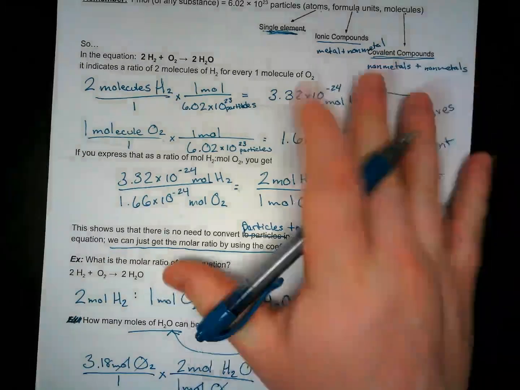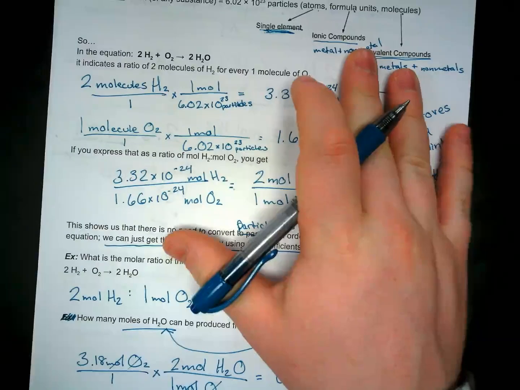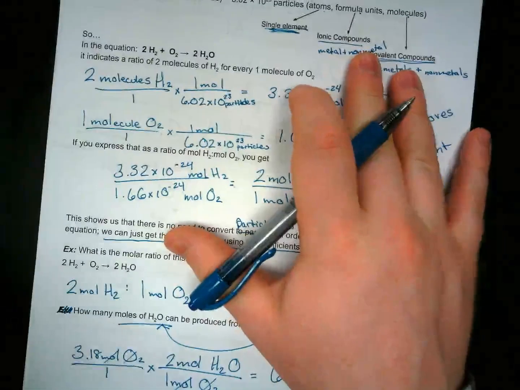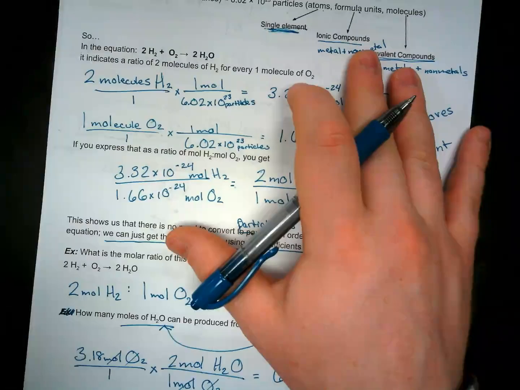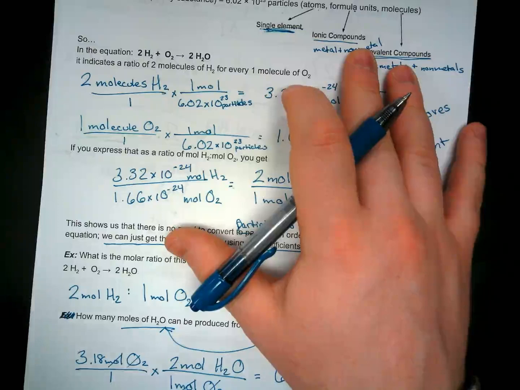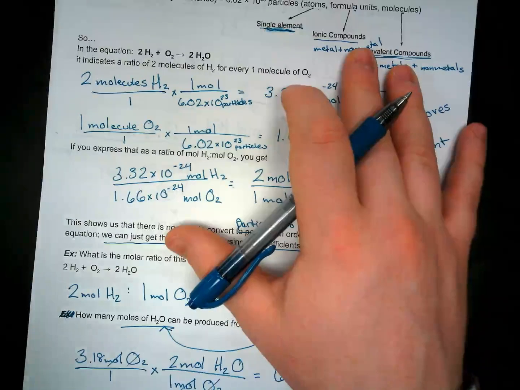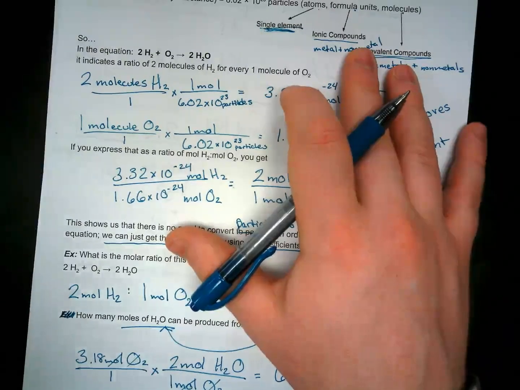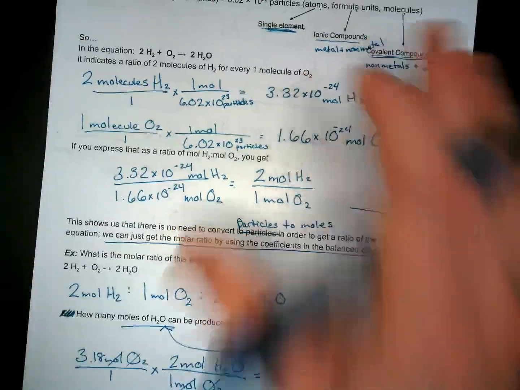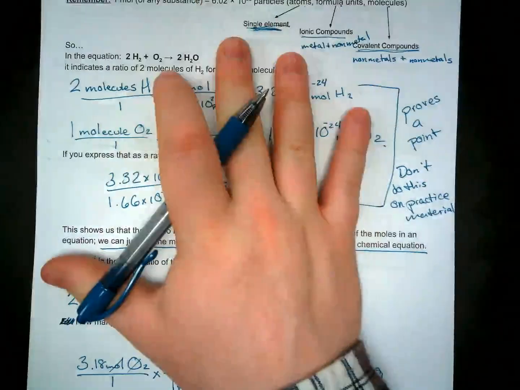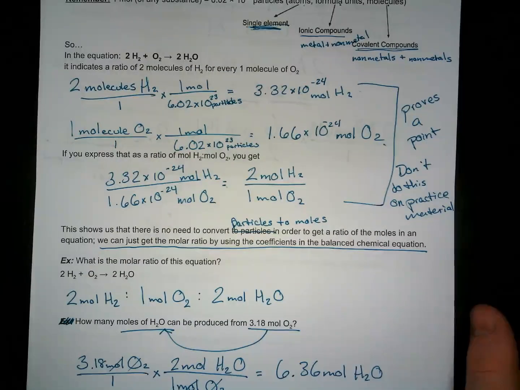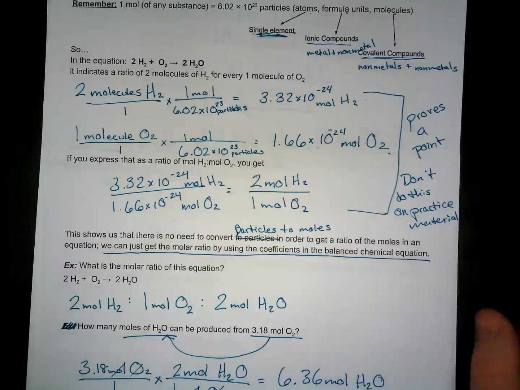So as soon as something is confusing, you've got to ask me. You've got to tell me that you don't understand something so I can help you understand it. Because if you don't understand this, you're not going to understand stoich. You have to understand this before we can understand what stoichiometry is.